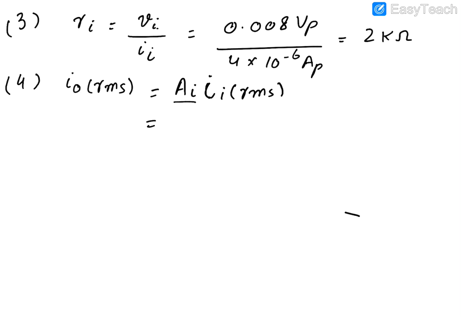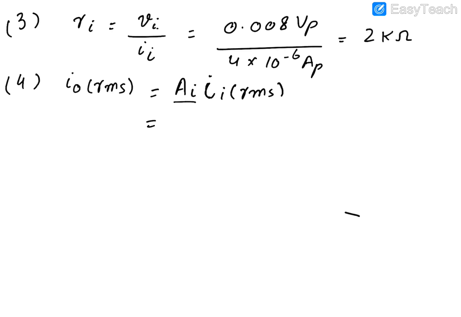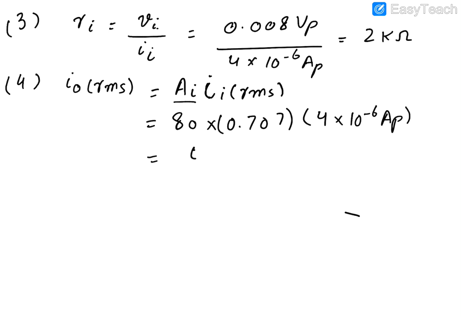So by putting the values, the current gain is equal to 80 multiplied by the RMS value of input current, which is 0.707 multiplied by the peak value, 4 into 10 raised to the power minus 6. So this will be equal to 0.226 milliampere RMS.